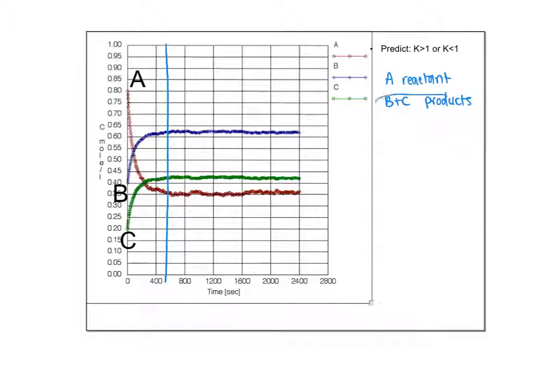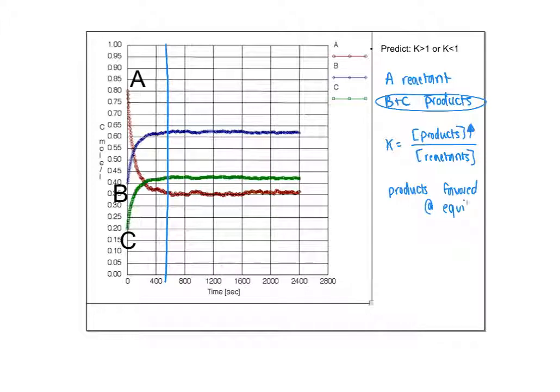Well, we have more of B and C. Okay, remember, K is equal to the concentration of the products divided by the concentration of the reactants. So if it looks like we have a bigger concentration of products, that means products are favored at equilibrium, which means K is bigger than 1. In order for K to be bigger than 1, the products have to be a larger number, which they are.